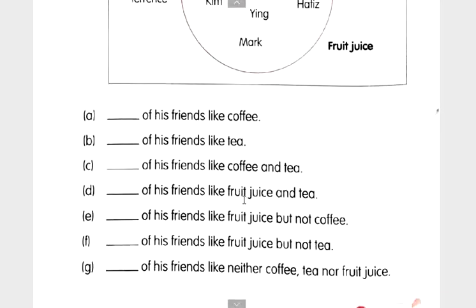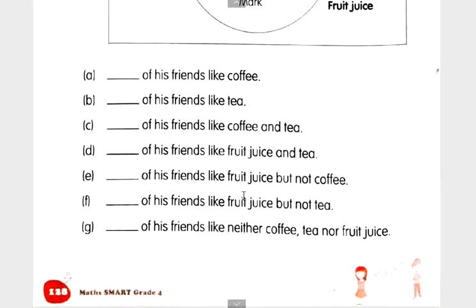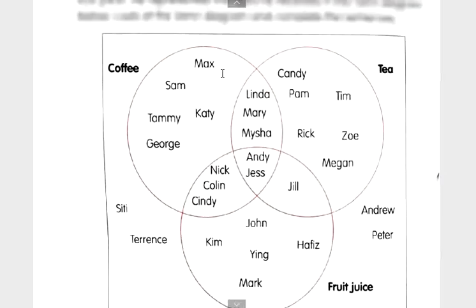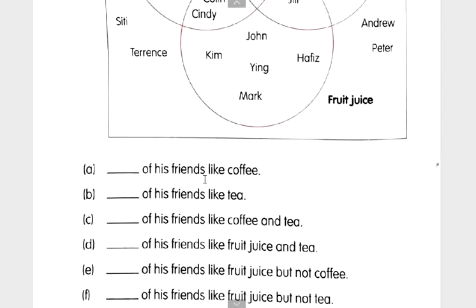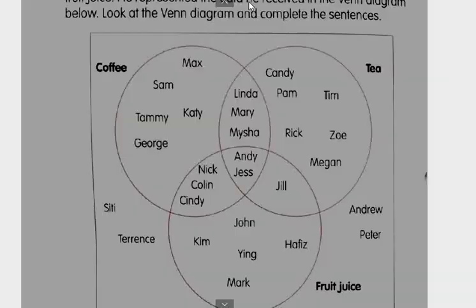Okay, let's take a look at question A. How many of his friends like coffee? Okay, look at the first circle. How to count?